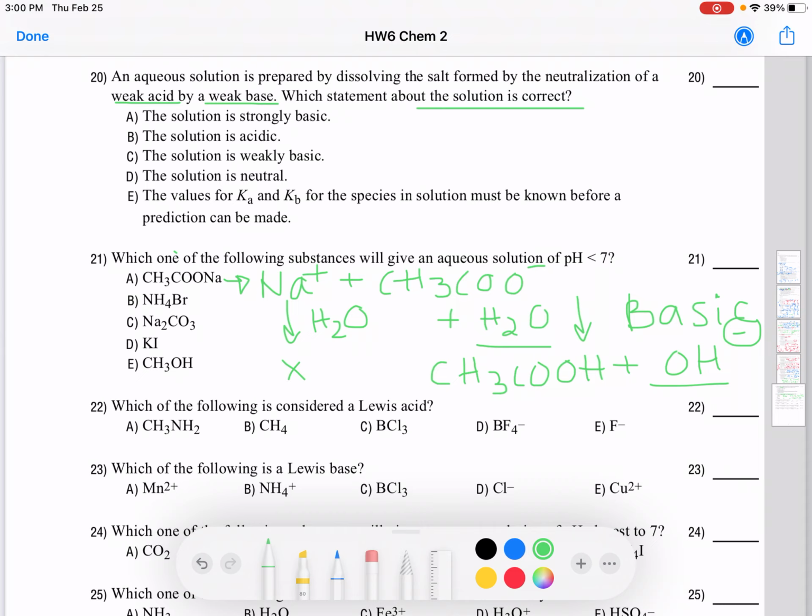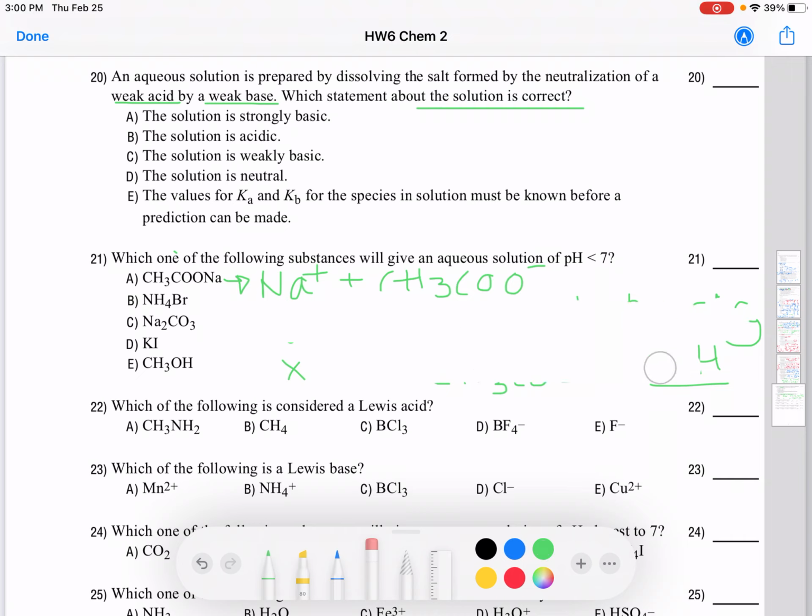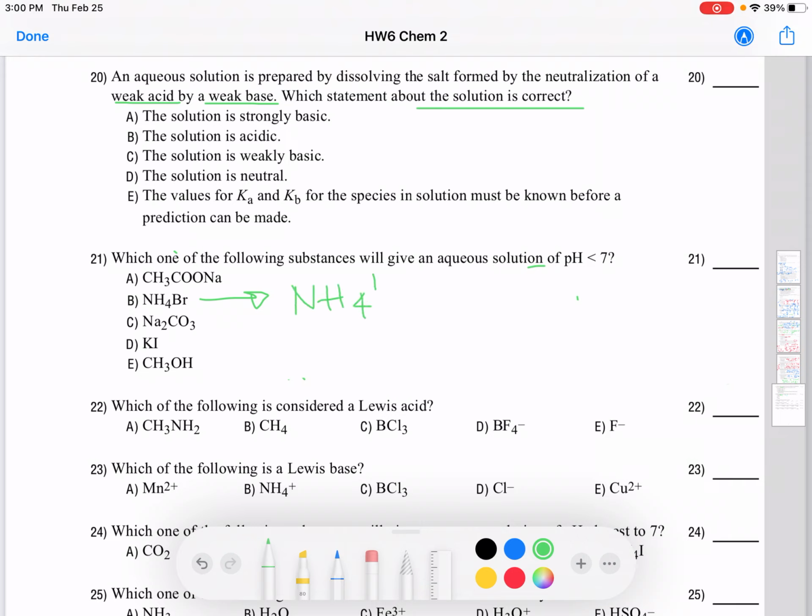What about ammonium bromide? Tell me what are the two ions that form from ammonium bromide? Ammonium ions plus bromide. Now bromide is the anion, right?